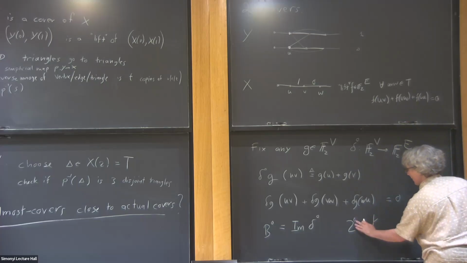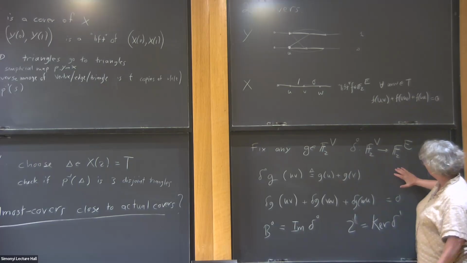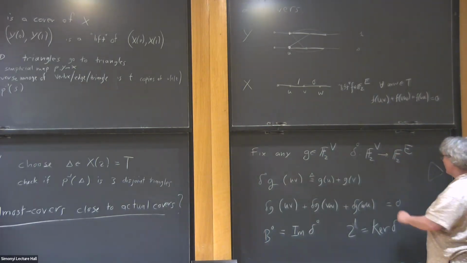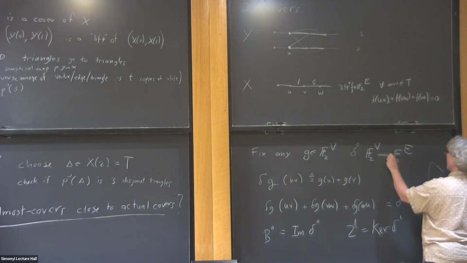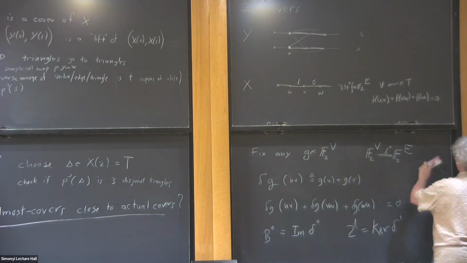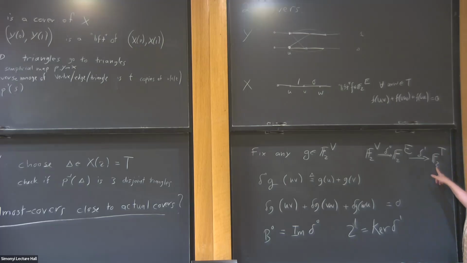So let's see, delta one. Just like I have delta zero that maps from functions on the vertices to functions on the edges, let me actually write it this way. Write delta zero here. I also have another coboundary map that moves me to functions on the triangles. How would I define delta one?